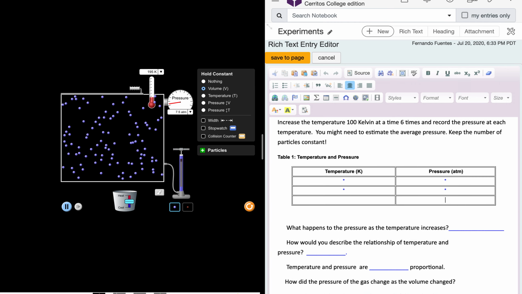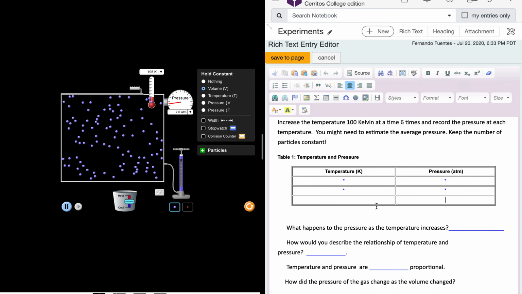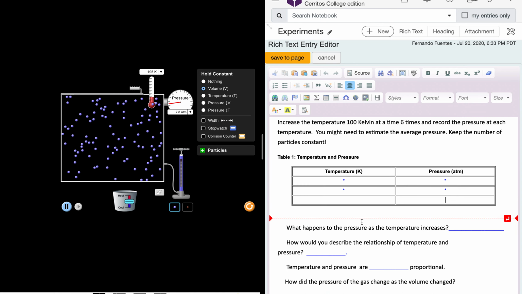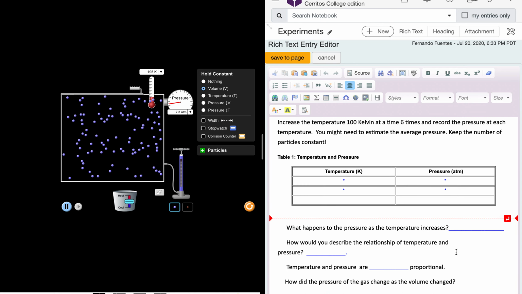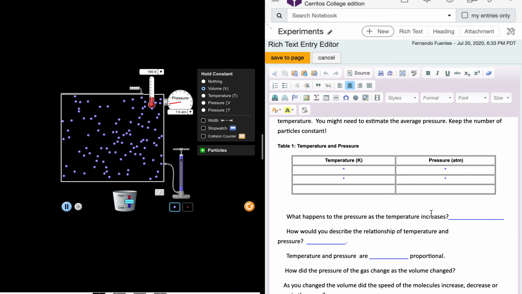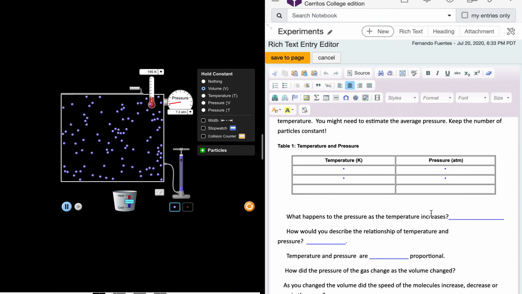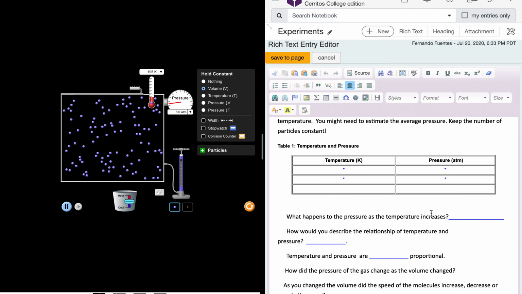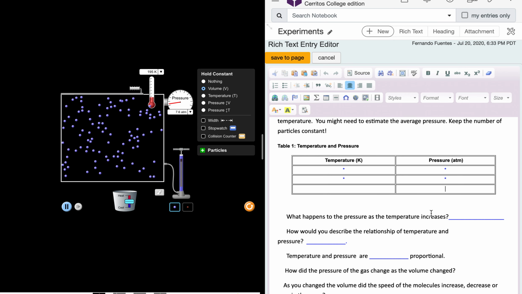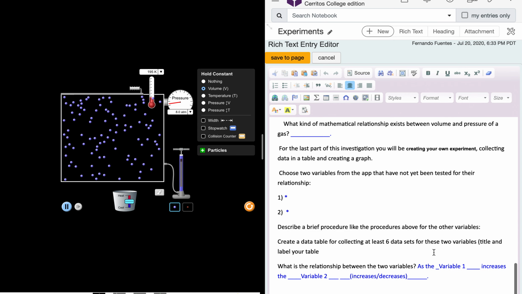Okay, remember we learned this. And then you're gonna fill out the 3 times. So from 100K, 200K, 300K up to 600K, which is 6 times total. Then you should expect that as we increase the temperature by 6 times, pressure is also increased by that amount of times compared to the original setting.